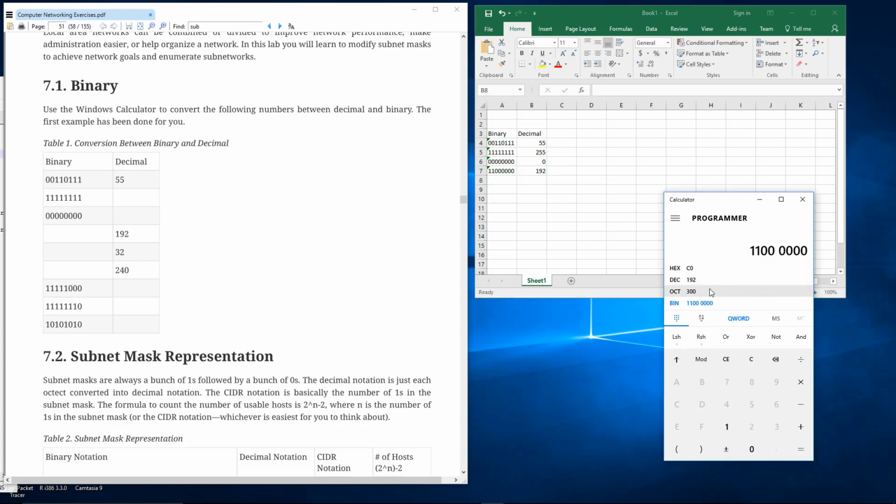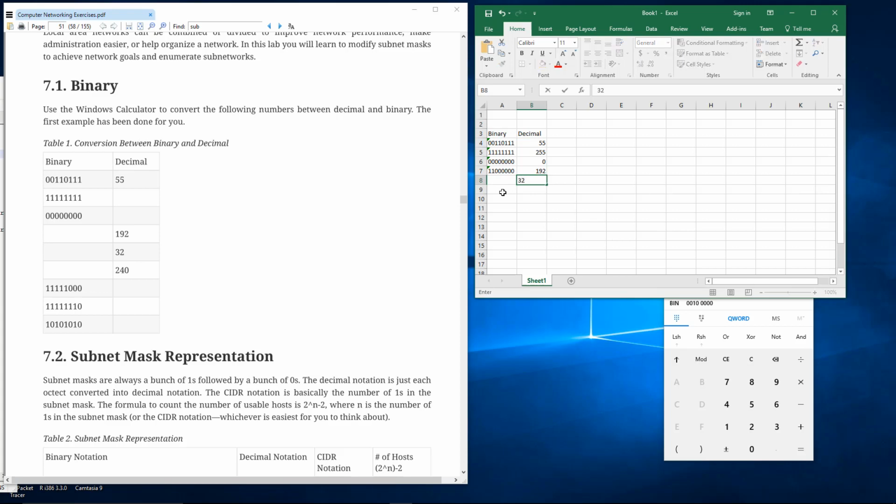Let's just keep going. 32 is 0 0 1 0 0 0 0 0. Fill that out to the 8th digit. All right, 240.